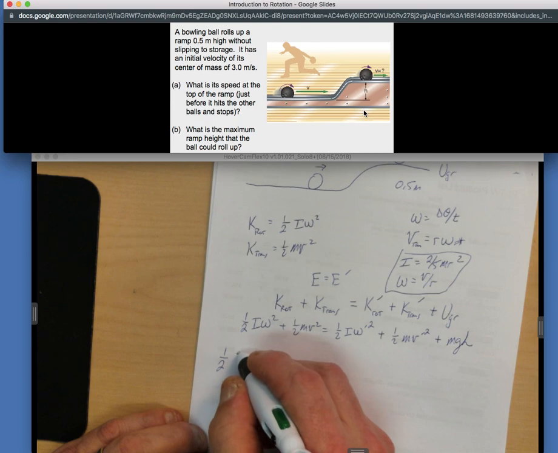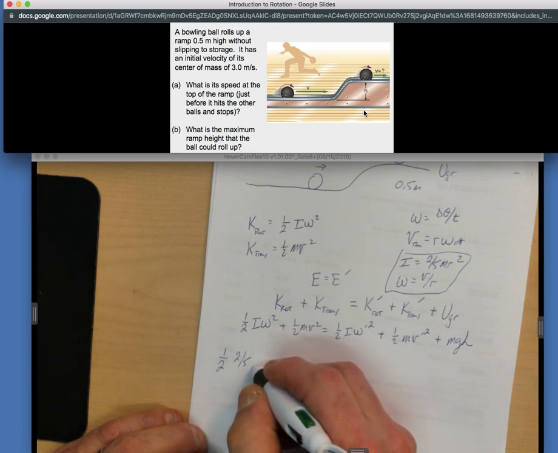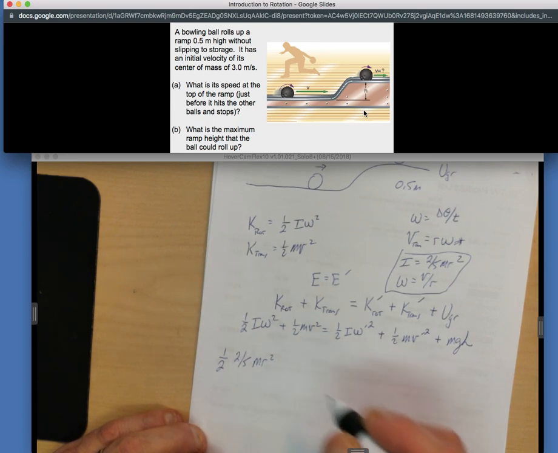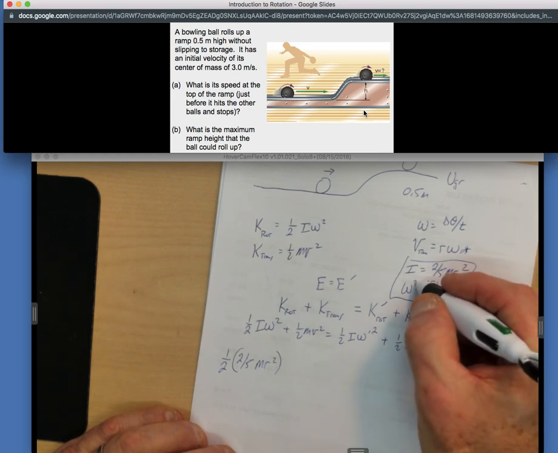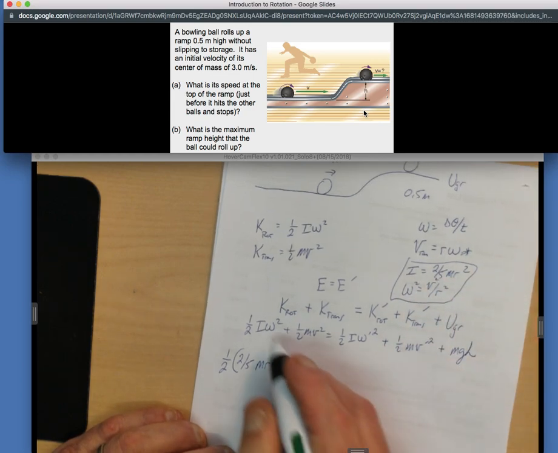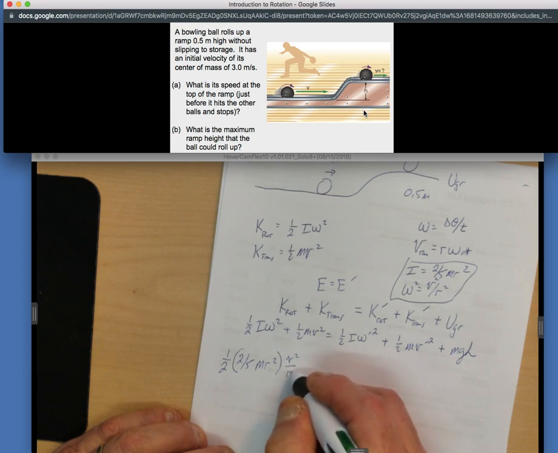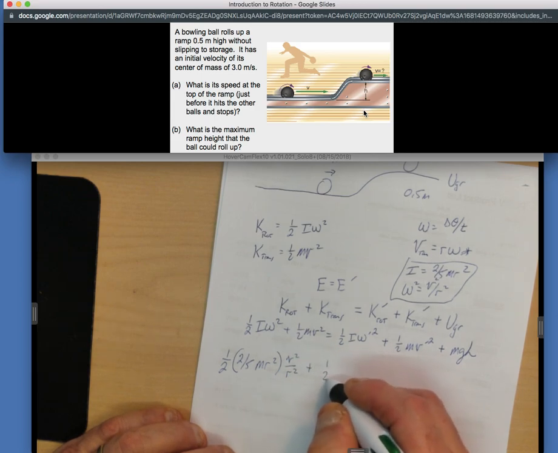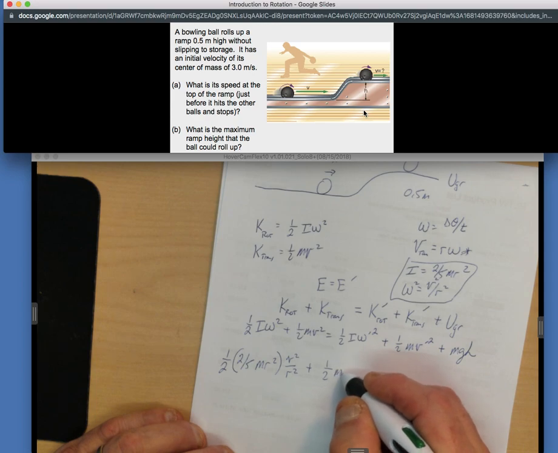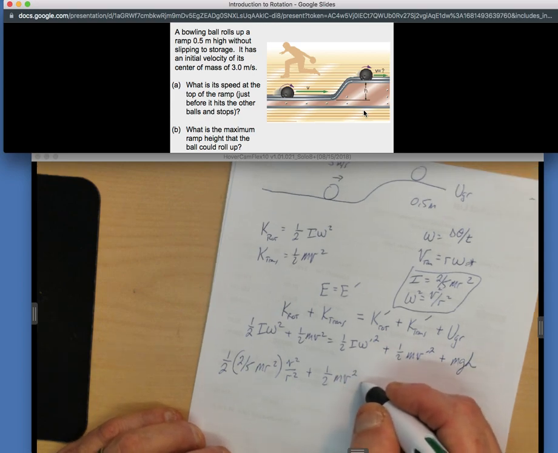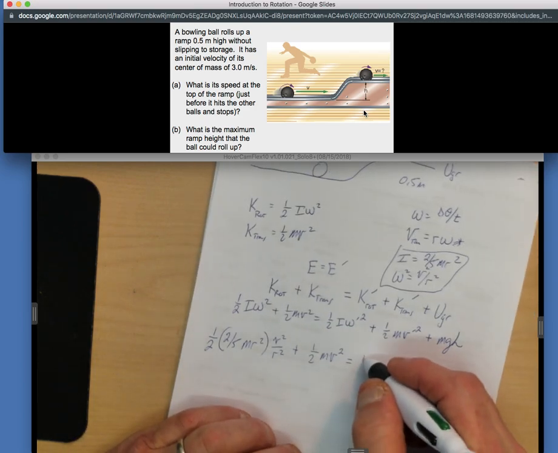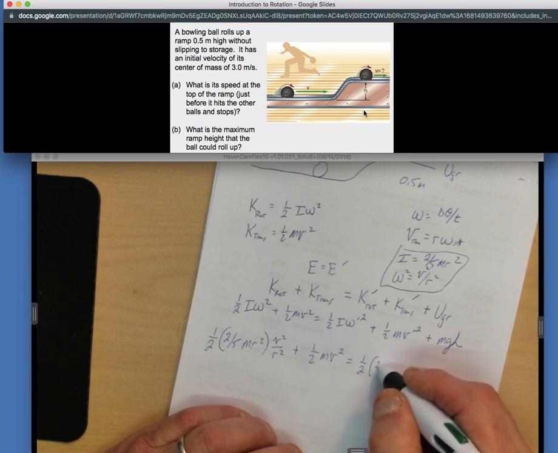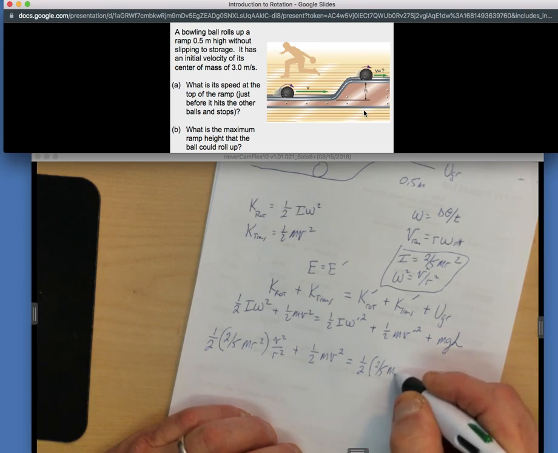So 2/5 mr squared, there's 1/2 of I, and if omega is V over R, then omega squared is V squared over R squared, plus 1/2 mv squared, and that's going to equal 1/2 I omega prime squared, 1/2 of 2/5 mr squared.